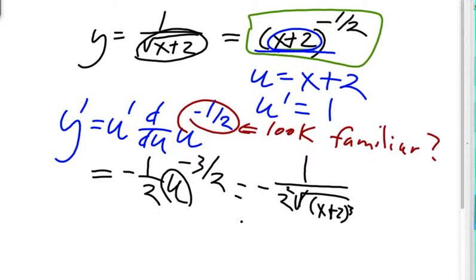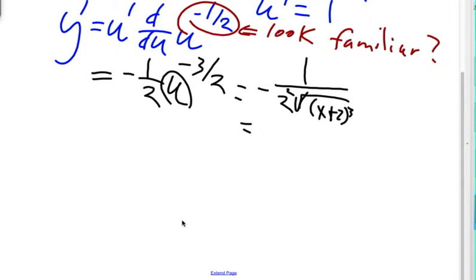And you can simplify this out a little bit more. I'm going to show you what this looks like. I haven't made an issue of it up until now. This is probably a good time to start pushing it. So I've got negative 1 over 2.